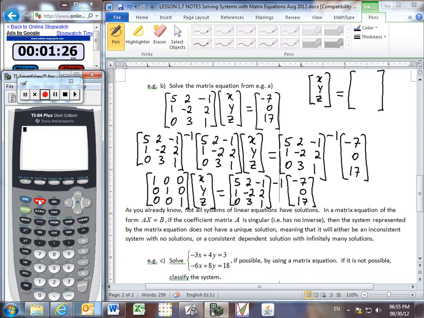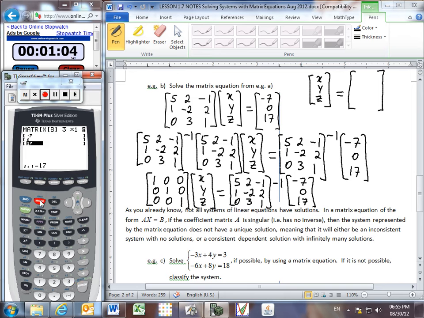I'll come over and I'll edit a brand new matrix called matrix B. And matrix B is going to be a 3-row by 1-column matrix. And it's going to be values -7, 0, 17.